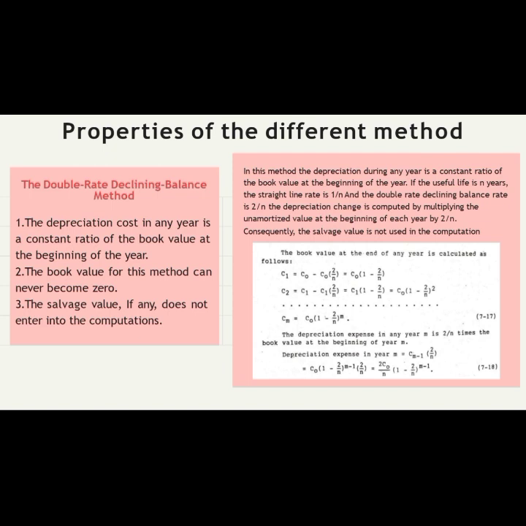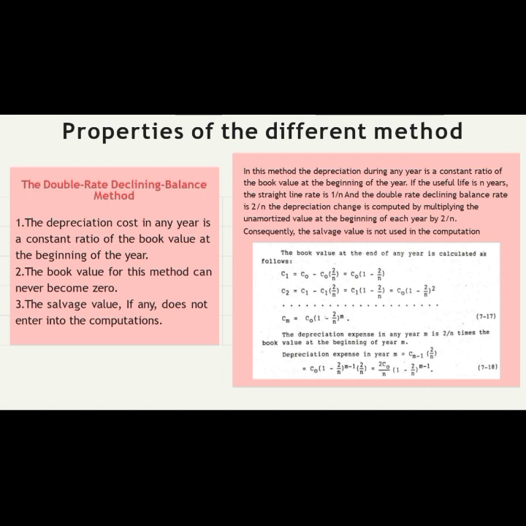So depreciation expense in year m is equal to C sub m minus 1 times 2 over n, is equal to C sub O times (1 minus 2 over n) to the power of m minus 1 times 2 over n, is equal to 2 C sub O over n times (1 minus 2 over n) to the power of m minus 1.